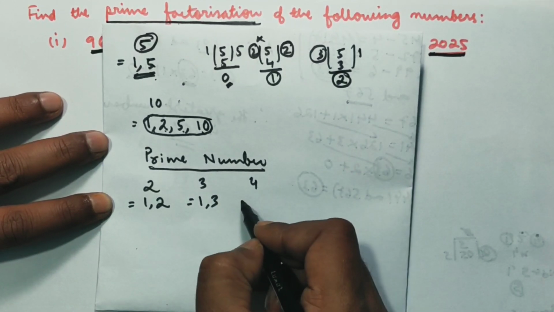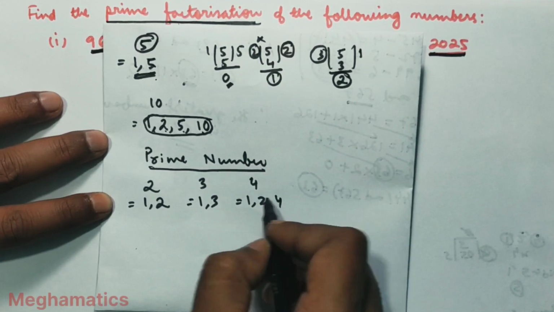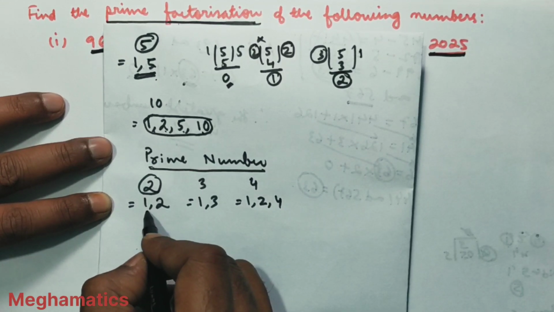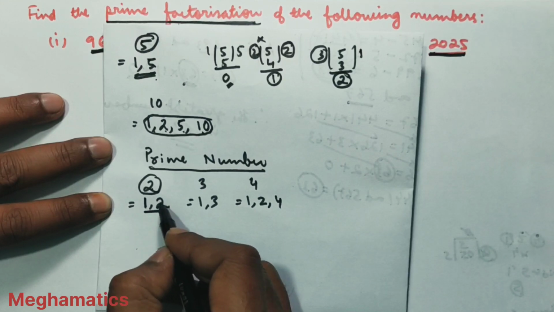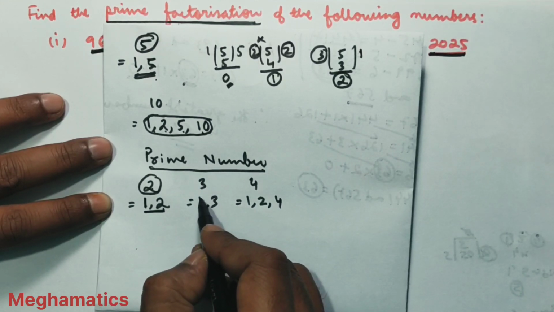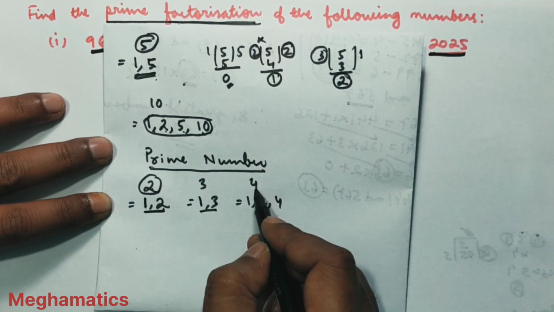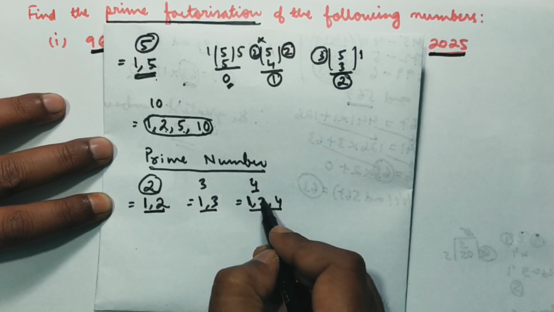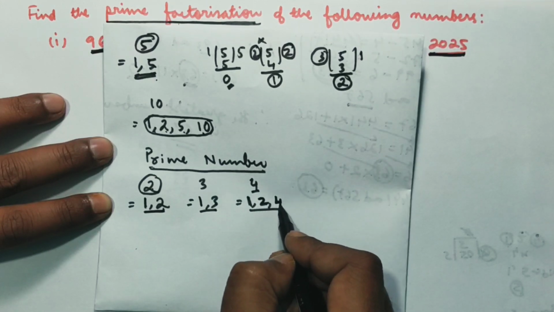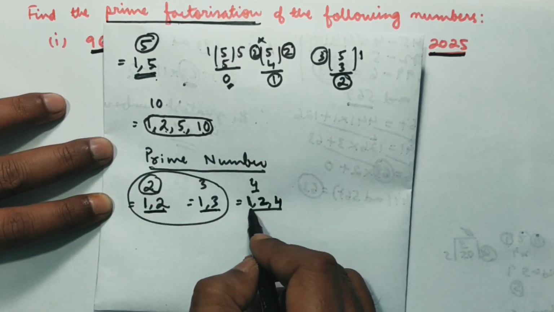If we talk about 4, 4 is divisible by 1, 2 and 4. Look, in 2 there are only 2 factors, 1 and 2, the number itself. In 3 also there are 2 factors, 1 and 3 itself. But in 4 there are 3 factors: 1, 2 and the number itself. So comparing these, here there are 2 factors, but here there are 3 factors.